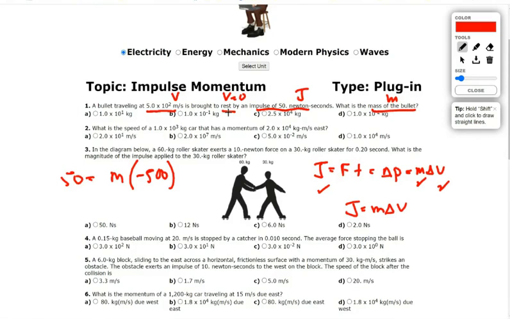So you divide both sides by 500, and that cancels out. Oh, I'm sorry, it's brought to rest. Yeah, it is. But we don't worry about the sign because it's mass.